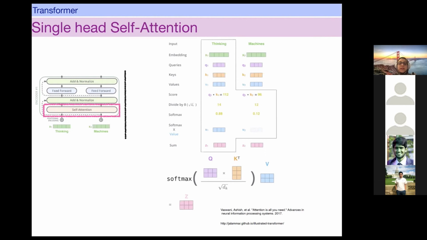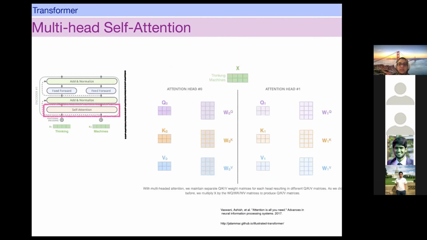Here's where things get a little more complicated. Instead of having one head, we're going to have n heads. Here n in their first architecture was 8. So instead of having one query, key, and value, we have n queries, keys, and values. We get these by having different weight matrices that represent different heads.